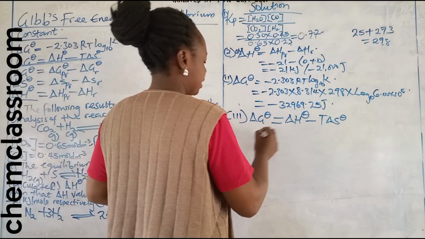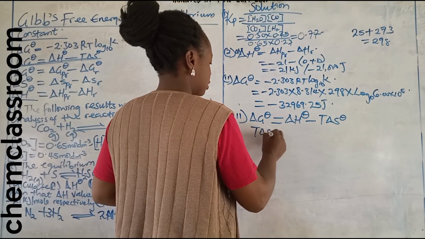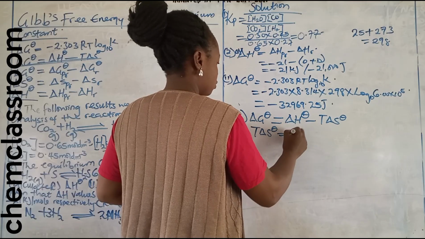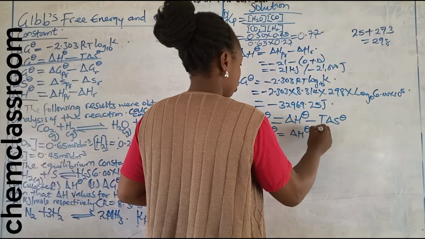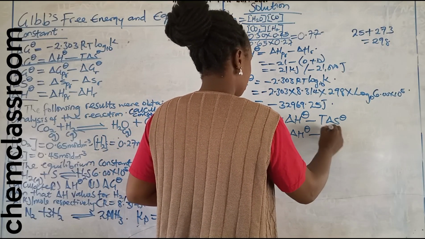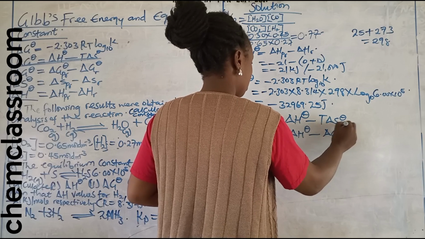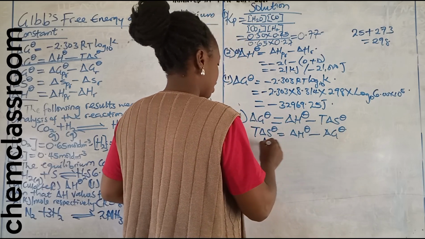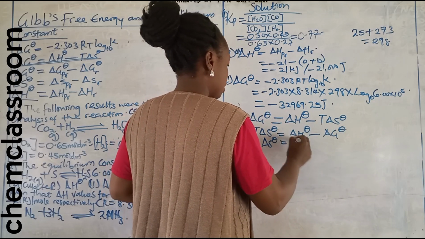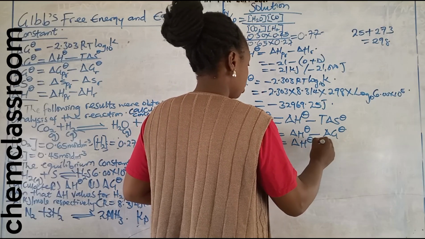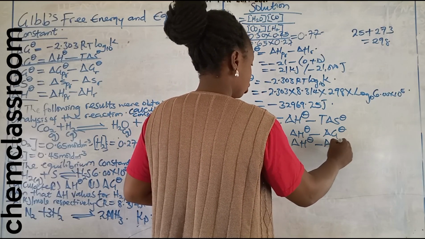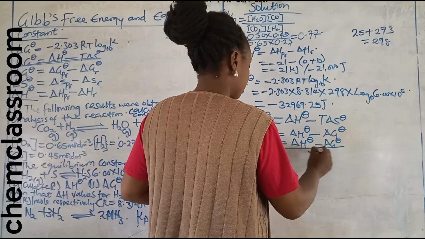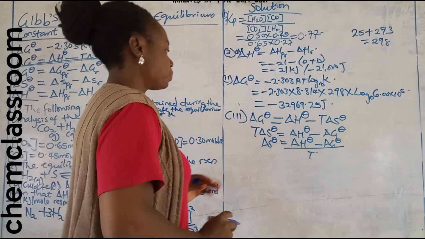So T delta S equals delta H minus delta G. So my delta S will be delta H minus delta G divided by the temperature.